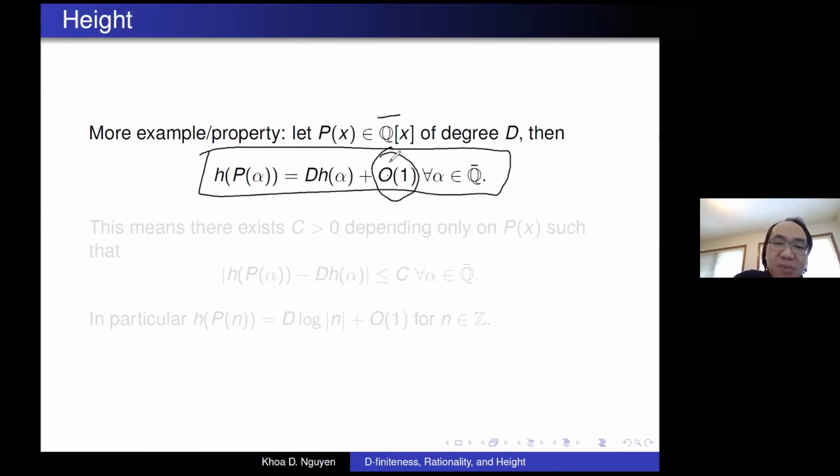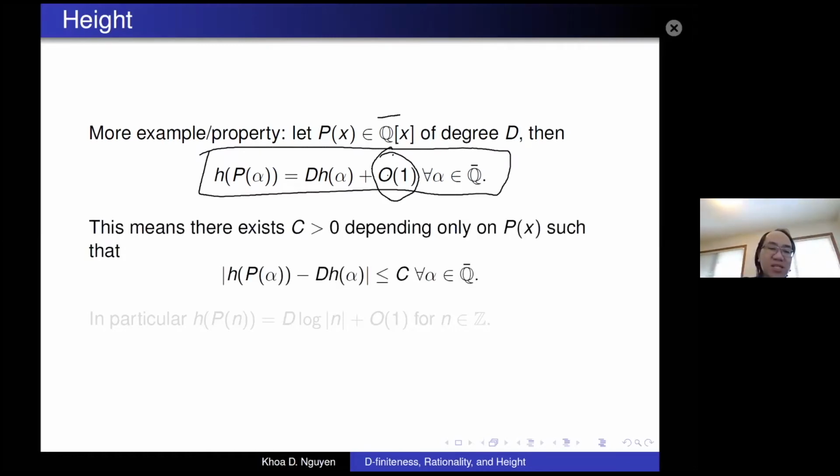This means there is a positive C depending only on the polynomial, such that the absolute value of the height of P(alpha) minus d times the height of alpha is less than or equal to C for every alpha. So in particular, if you have a polynomial and you look at the sequence P(n) for n in Z, then the height is more or less d log n, within a certain controlled error.